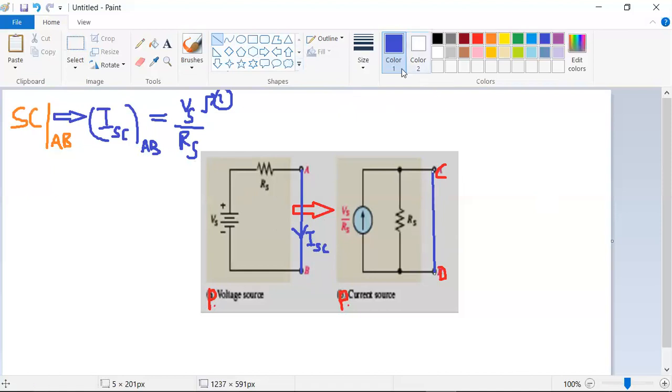Now my job is to find the current flowing through the short circuit, again ISC. Let me make that condition clear: in the second condition, short circuiting of the C and D terminals.